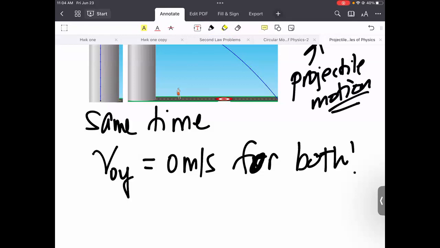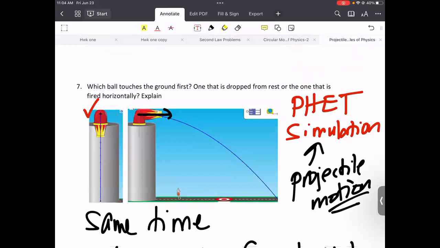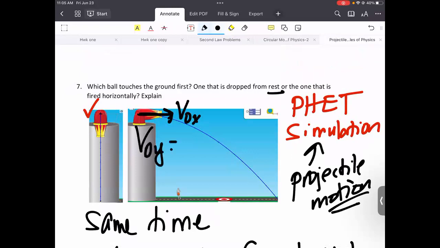For the one that is dropped, obviously the initial velocity in the y direction is 0. It starts from rest. And the one that is projected horizontally, although it has initial velocity, it is only in the x direction. There is no velocity in the y direction because the angle of projection is 0. In other words, it's horizontal. I hope that makes sense.